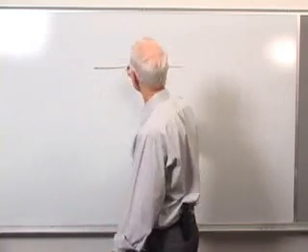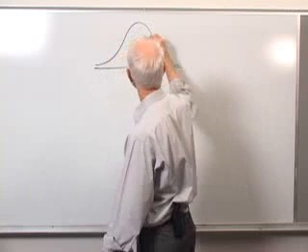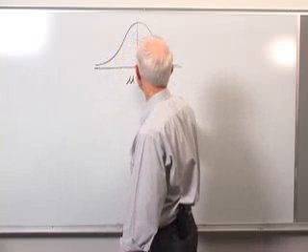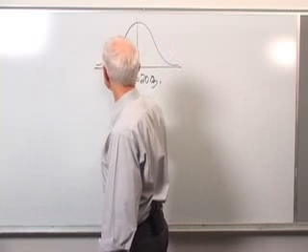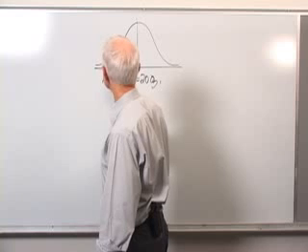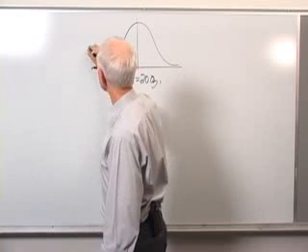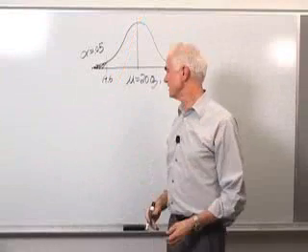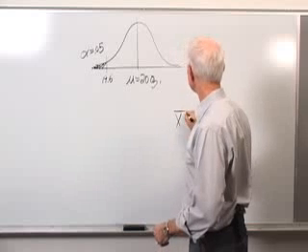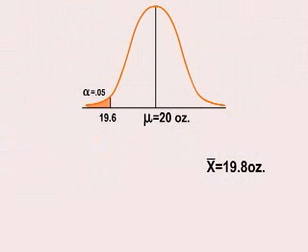If you'll remember, the null hypothesis in our bottling problem was that the bottles were averaging 20 ounces, that we had a critical value at 19.6, after which you have a rejection region. Our alpha was 0.05. Suppose we sample 50 bottles and our sample mean is 19.8.